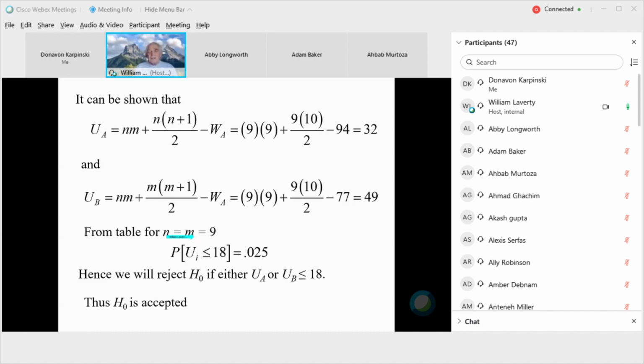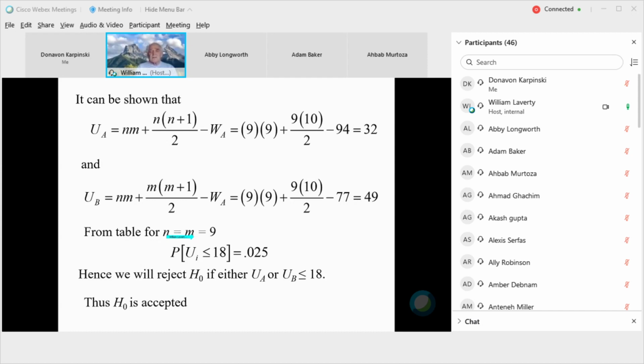Then from the table you can find that the chance that the Mann-Whitney U statistic is less than or equal to 18 is 0.025. That's if we're using a two-tailed test. So the critical value for the U statistic would be 18 for both. They're both greater than that. So the null hypothesis is accepted.